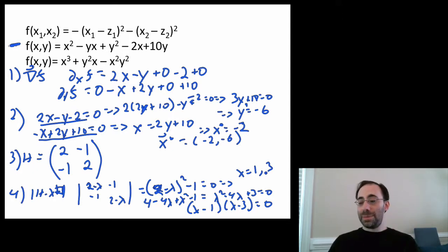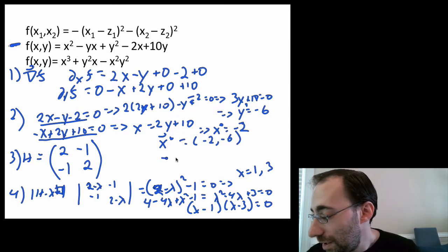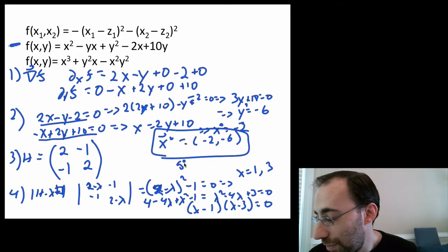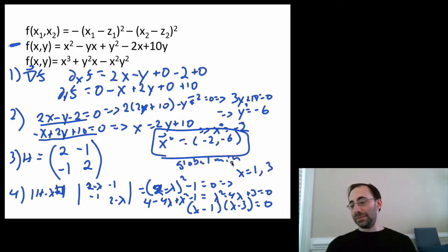Right here, the Hessian's positive definite, so the whole thing is globally convex, and you have a local minimum at, sorry, at negative 2, negative 6. Step 5, there's nothing else to compare it to, so we have a single critical point here, and this is a global minimum. That's it.